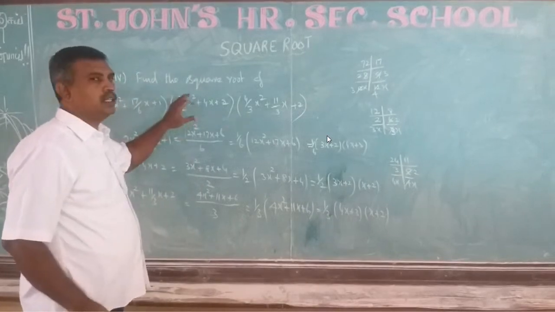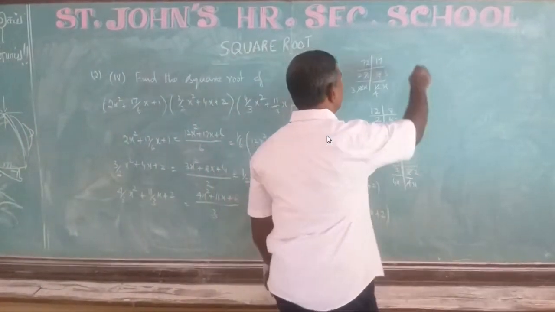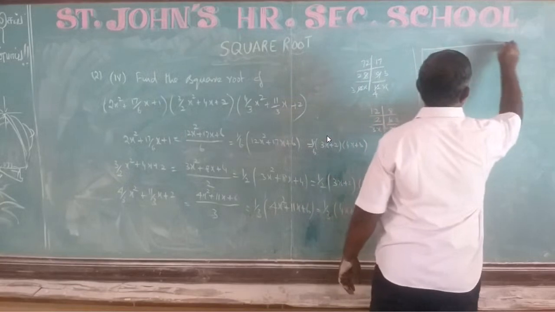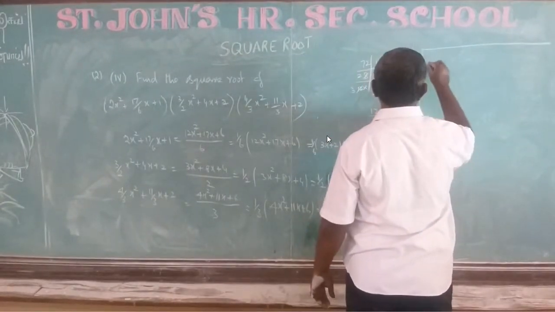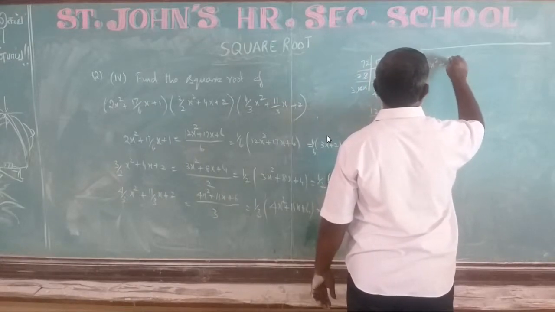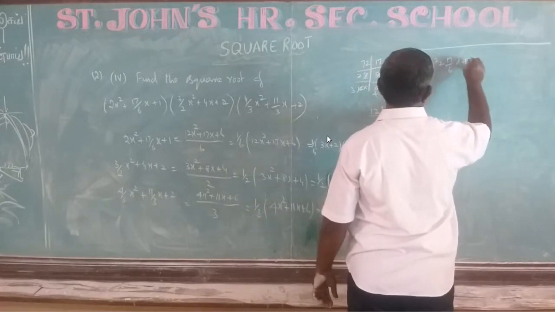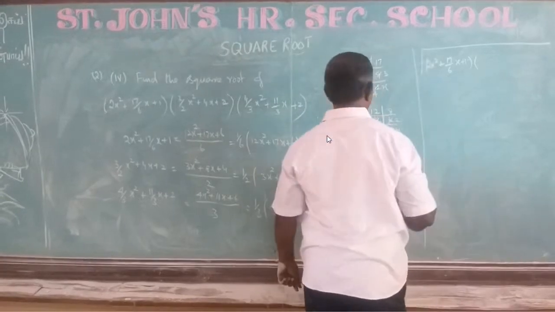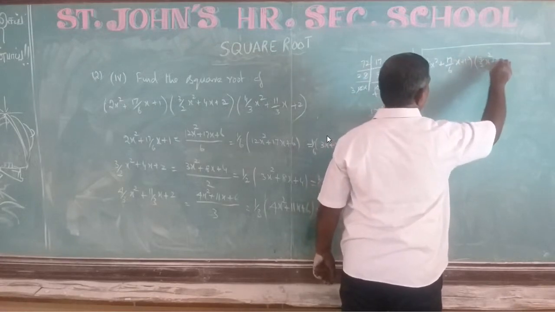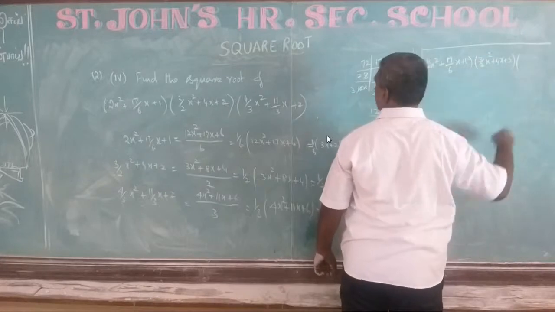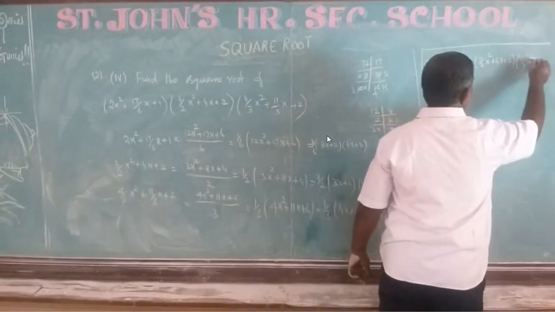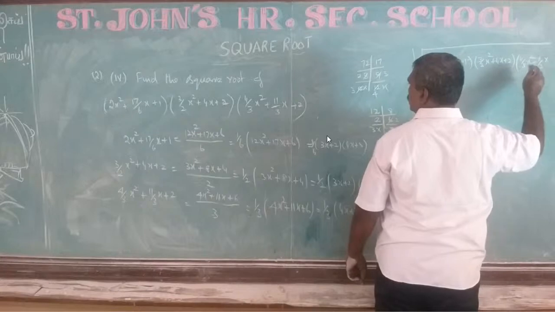Now we come to the question, the square root of (2x squared plus 17 by 6 x plus 1) into (3 by 2 x squared plus 4x plus 2) into (4 by 3 x squared plus 11 by 3 x plus 2).